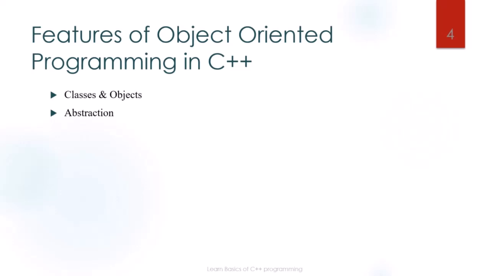Abstraction. It refers to the act of representing only the essential features without including the background details. Let us understand this with the help of an example. Whenever we are using any application, we only see its front end.